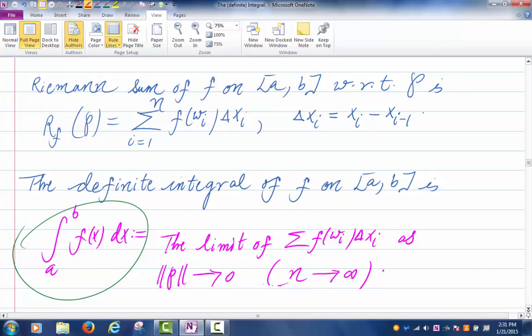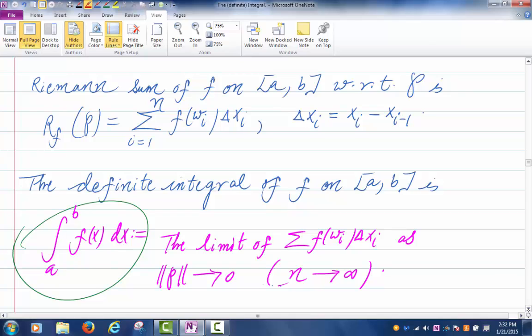Okay, now this limit that we are talking about, it may not exist for some function. Okay? In fact, it doesn't exist for many functions. Okay? Am I clear? So when this limit exists, we will say that the definite integral exists. When the limit doesn't exist, we will say that the definite integral does not exist.